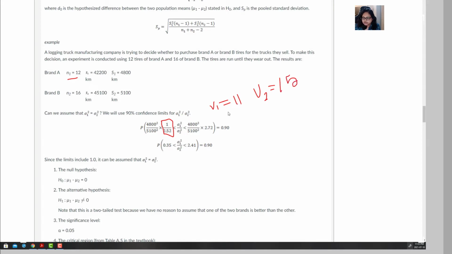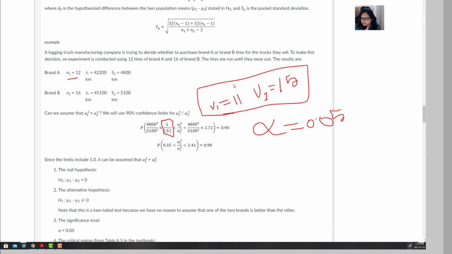So at first we need to find out, if the level of significance is 0.05, then using these two degrees of freedom, what would be the F value? You will see the F value is 2.52, because 1 over 2.52 and then 2.72.